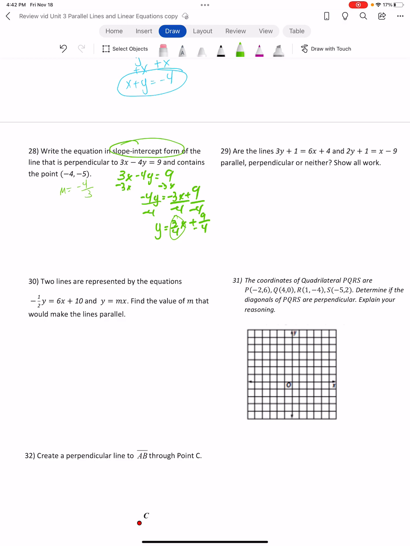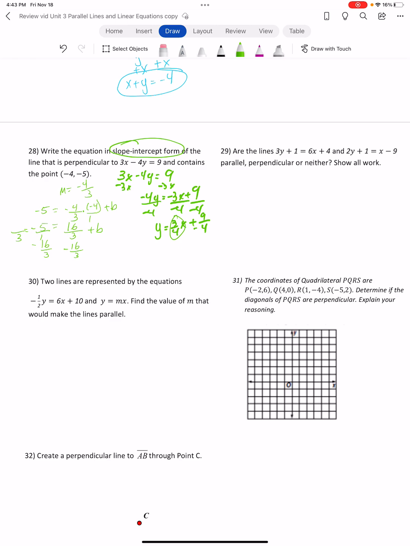I know y equals mx plus b. So I know -5 is going to be -4/3 times x plus b. -5 is equal to 16/3 plus b. I subtract 16/3 from each side. I know this is 5/1.